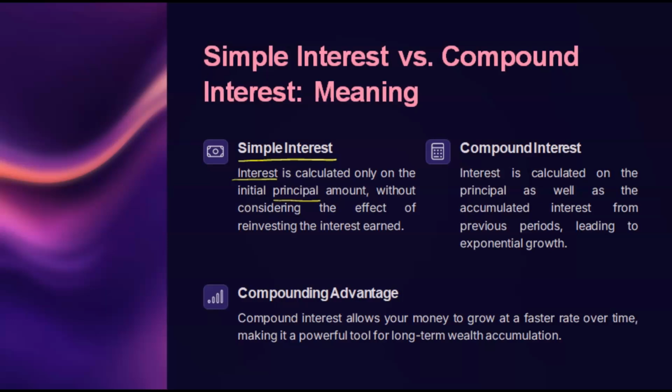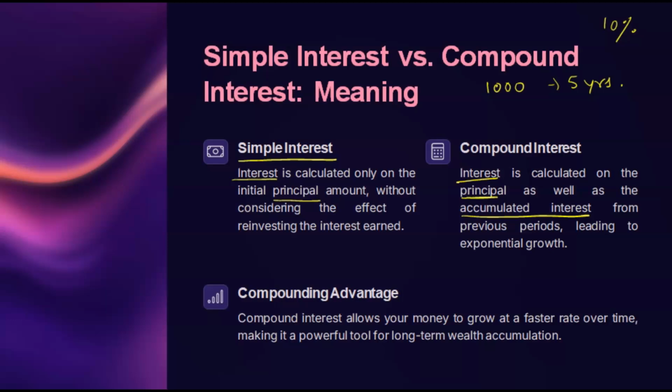But in compound interest, we are going to calculate interest on principal as well as the accumulated interest. Suppose a person has invested 1000 rupees as principal for 5 years, and the interest rate is 10%.